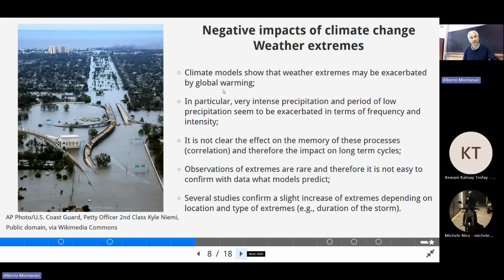And if you look at the intensity, it is increasing the intensity of short-term rainfall, like hourly rainfall, rainfall that lasts for 10 minutes. For the rainfall of longer duration, like rainfall that lasts for a couple of days, there is no evidence of increase.